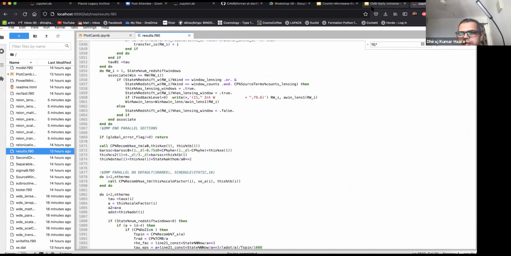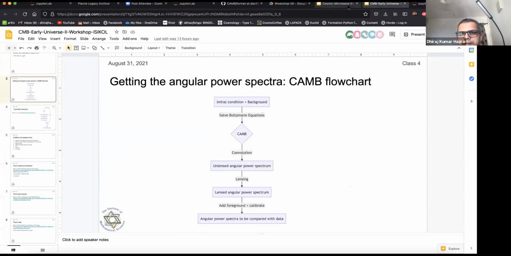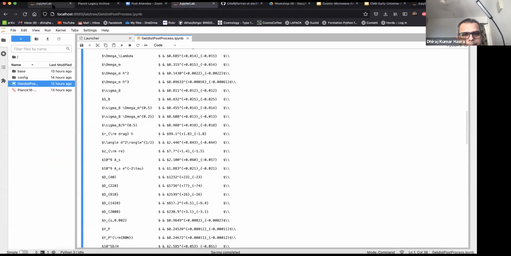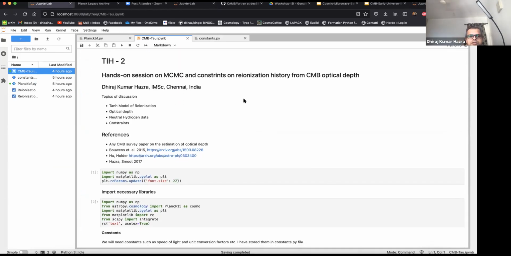Now, I have generated that file and plotted it. Then let me go to this file, cmb-tau.ipynb. You will be able to download this file.